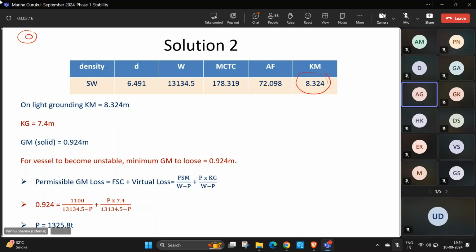So 1529.4, seems to be correct. 152 something it is coming, so should be correct.